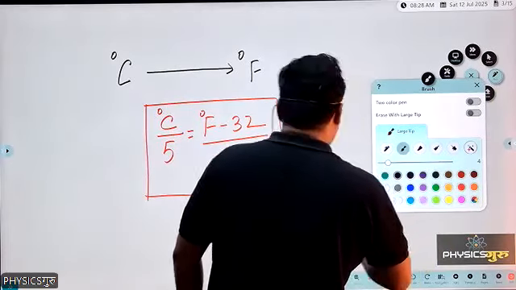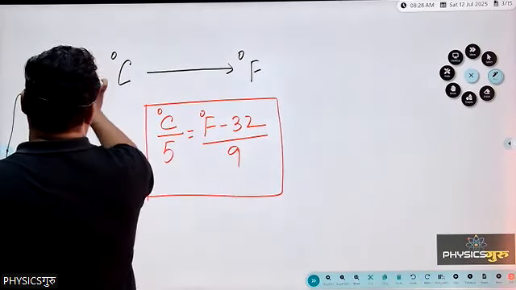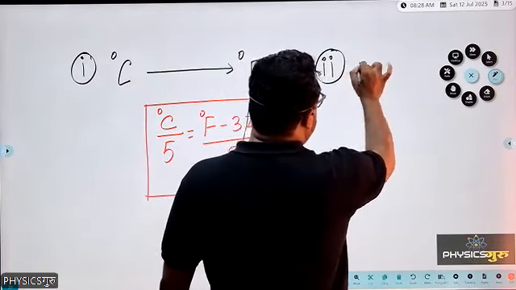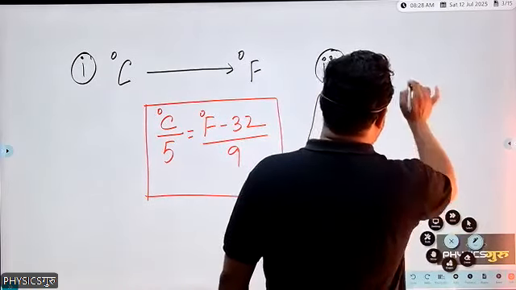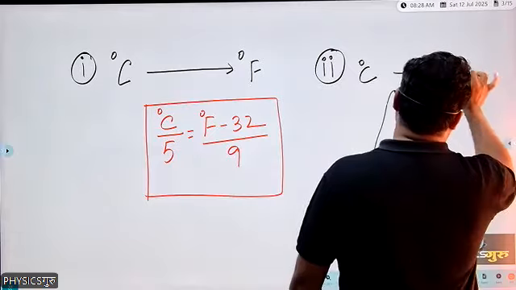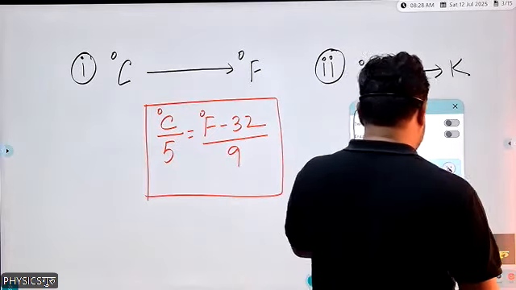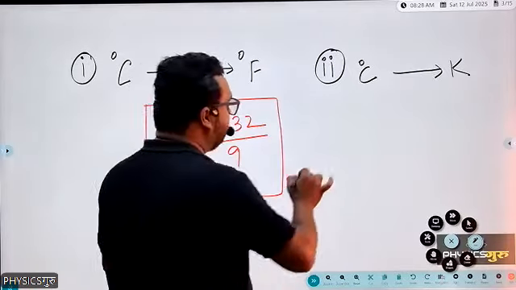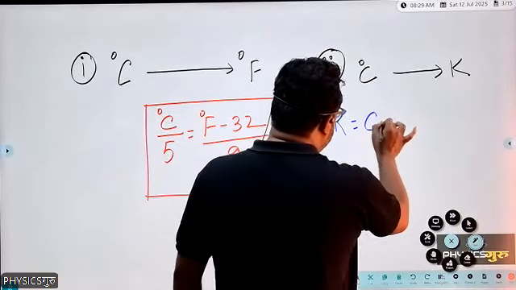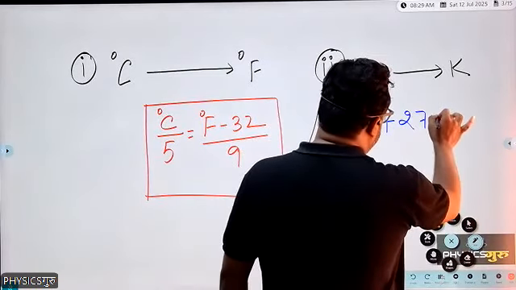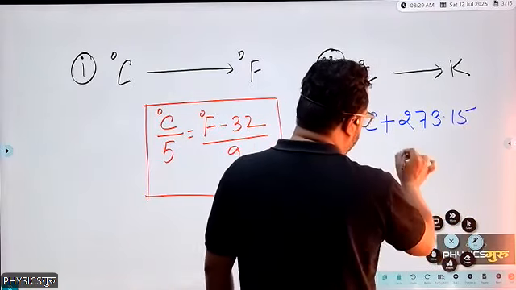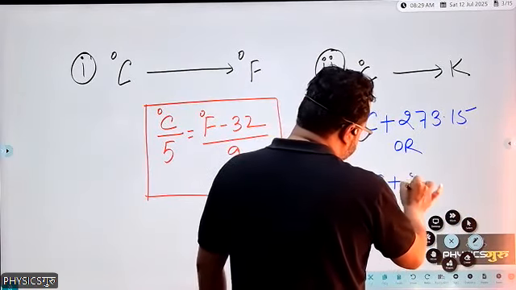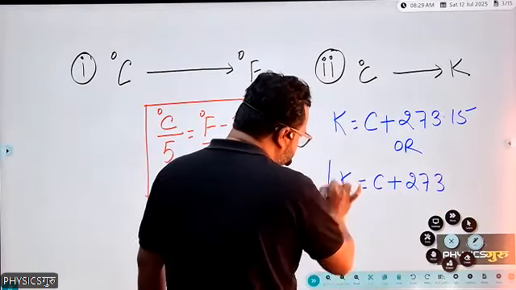Second formula that you have to remember, conversion of degree Celsius to Kelvin. You can convert degree Celsius into Kelvin by using this formula: K is equal to C plus 273.15, or K is equal to C plus 273.